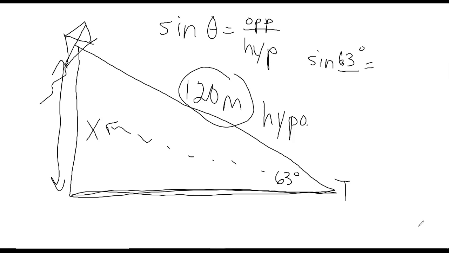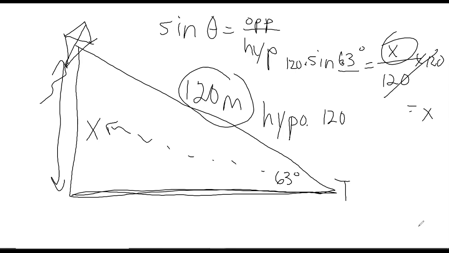All right, and it's opposite. Opposite we don't know, over hypotenuse, 120. Now, how do I solve for x? I need to multiply by what's on the bottom. Multiply both sides by 120. Those 120s cancel out, leaving me x by itself on the right, and then 120 times the sine of 63 degrees.